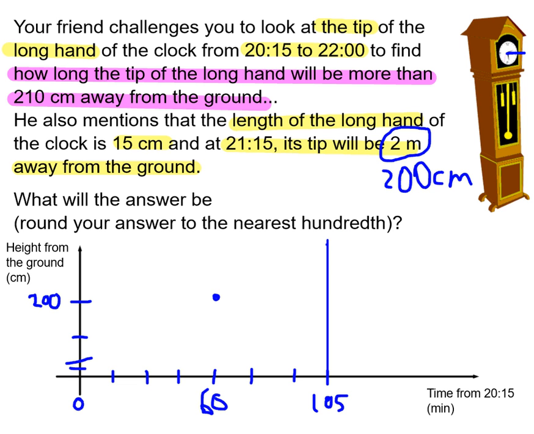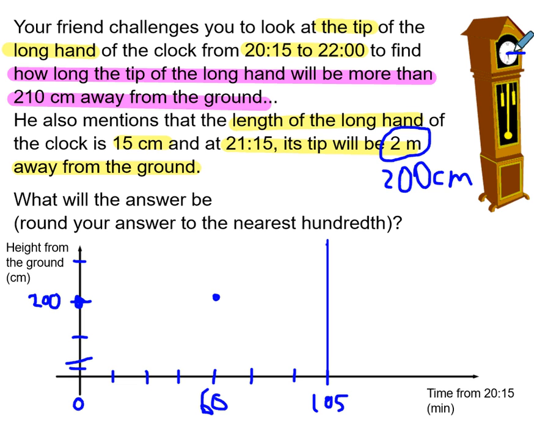So what else do we know? We know that it takes an hour for the long hand to go around. So if at 9:15 it's here, then 1 hour before it's also here, so I can draw this dot here. To help us graph, we should probably find our minimum and our maximum.